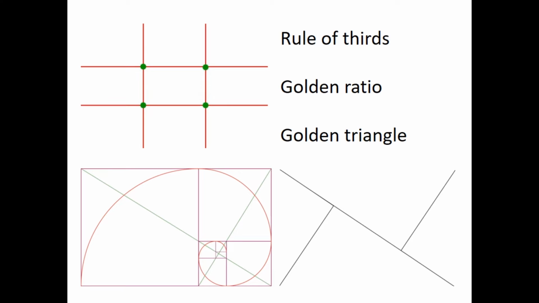And the rule of thirds, if you take nothing else away from this lecture, if you employ this rule of thirds in taking photographs, I'll show you the examples now, you will produce better pictures. So here we go. So there's a synopsis. The rule of thirds, the golden ratio, and the golden triangle.